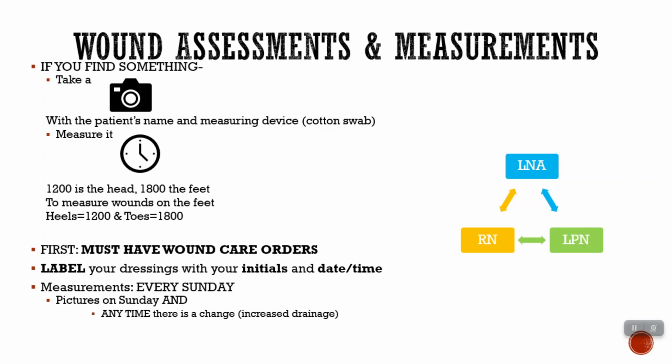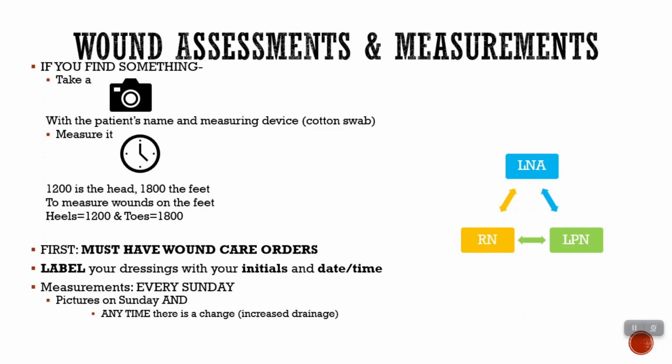As LPNs and RNs, we do need to have something that assists us and guides us in the care of that wound. We can't just determine what type of packing or primary dressing we're going to use because we think that might be good. So contact your wound care nurse or the wound care team to help you if you find that you do not have wound care orders that match your patient's need.